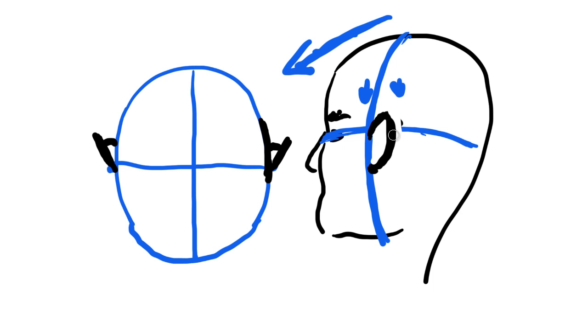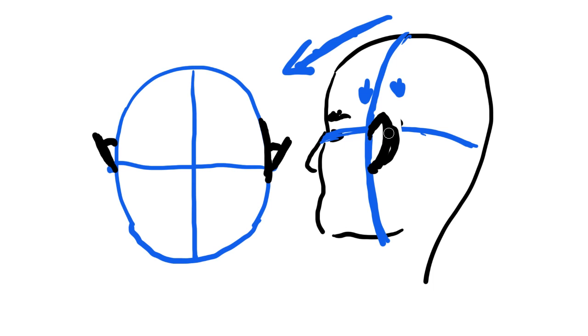And we're actually going to be able to see that cartilage in the back. There's like this cone of cartilage that pushes the ear out and connects the ear to the head.